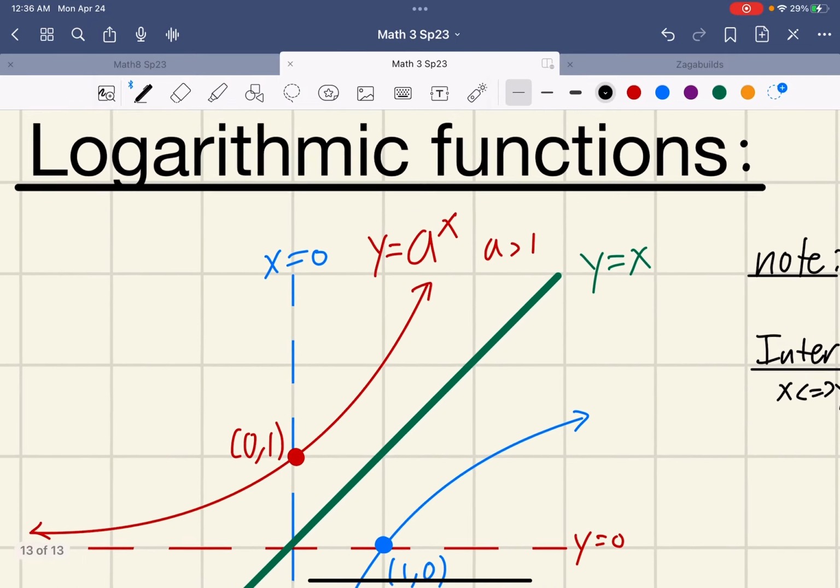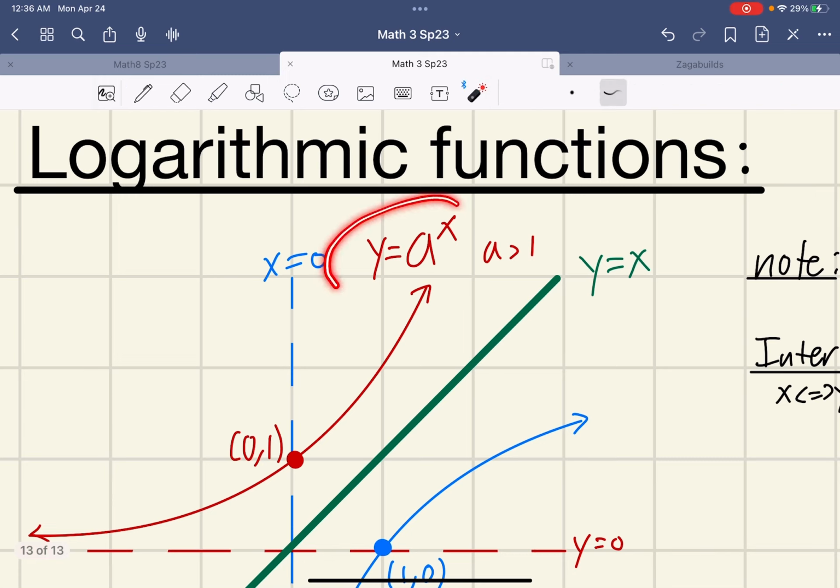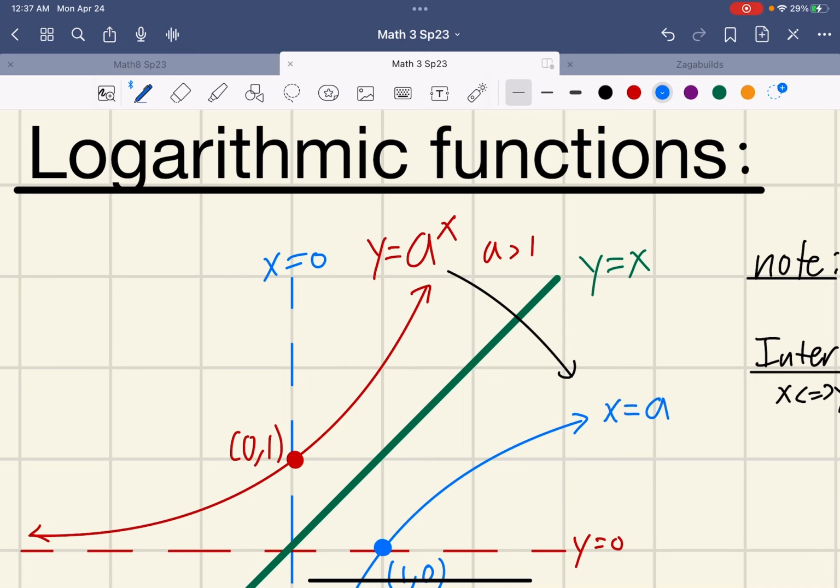So if I look at this y equals a to the x, then that means that my inverse, if all I'm doing is interchanging x and y, this inverse should be equal to x equals base a to the power of y.